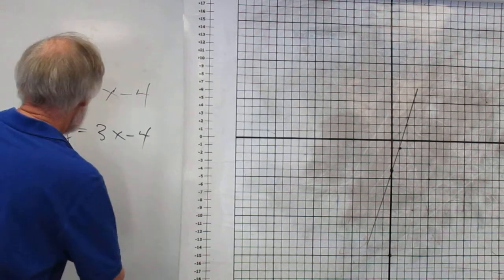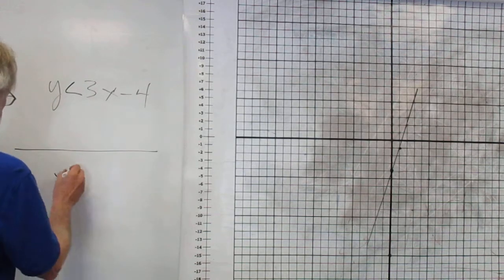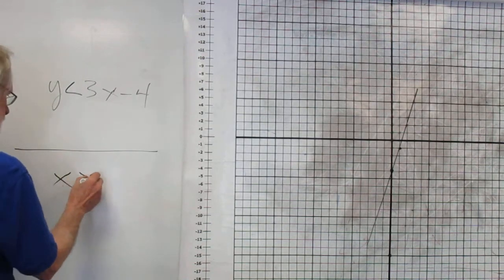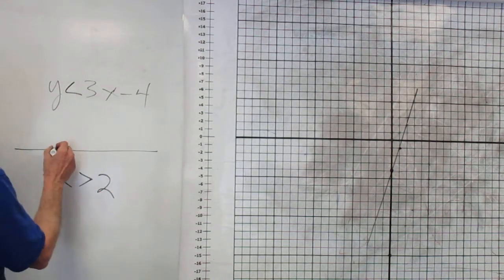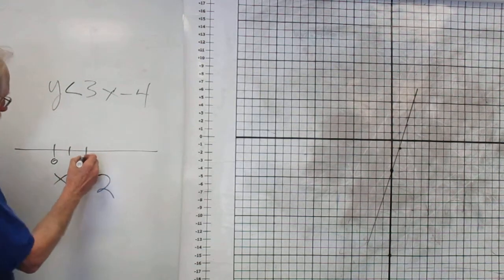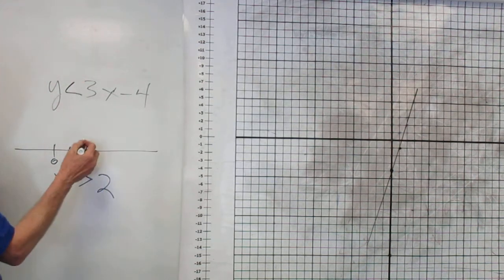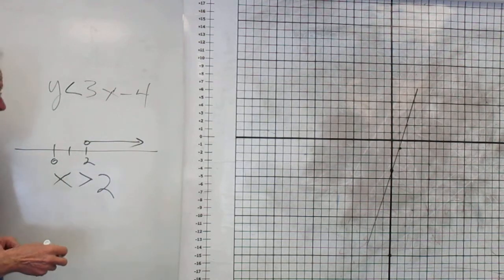And you will recall from graphing inequalities like this, x is greater than 2. Let's say we had 0, 1, and 2. And 2 is here. X is greater than 2 would be an open circle and a line going this way.